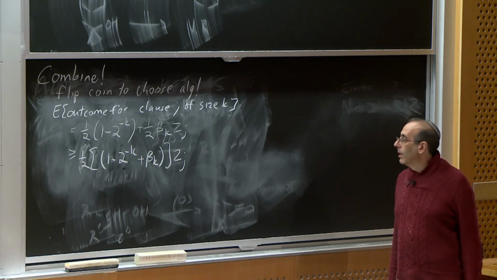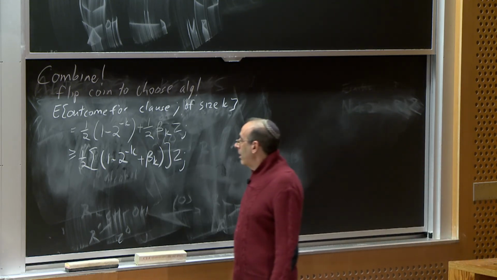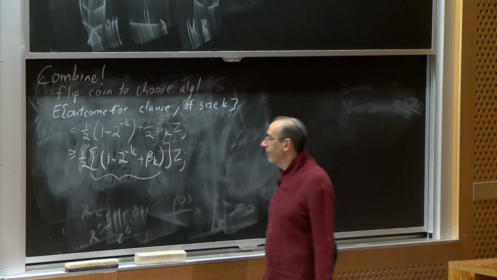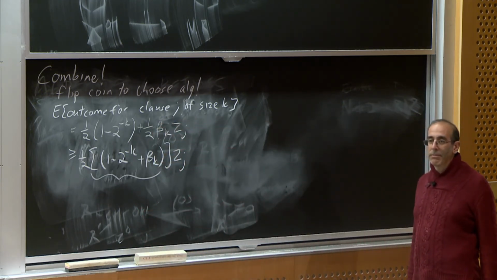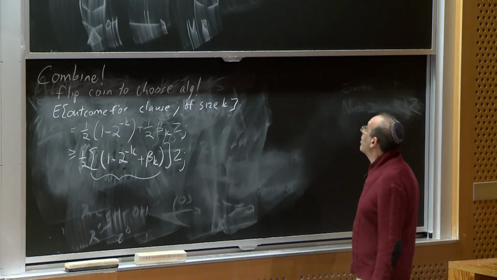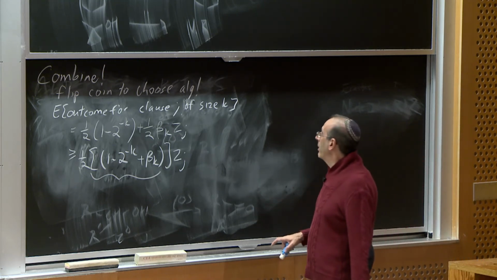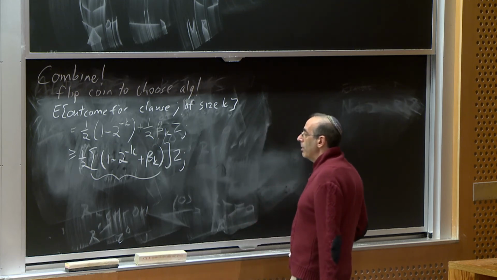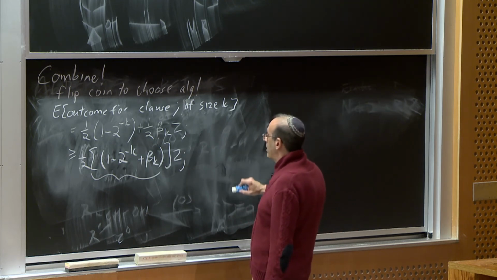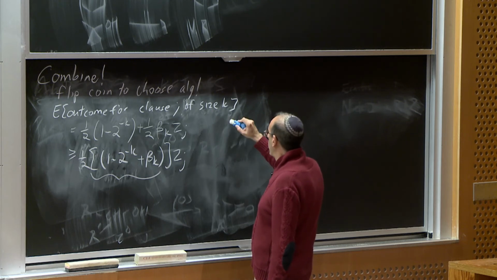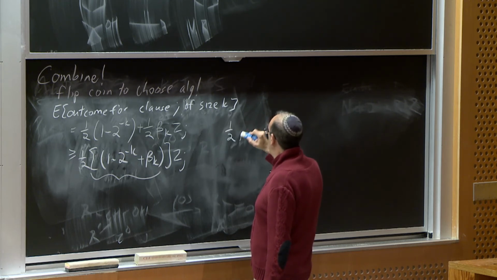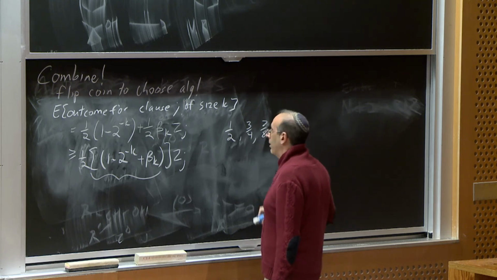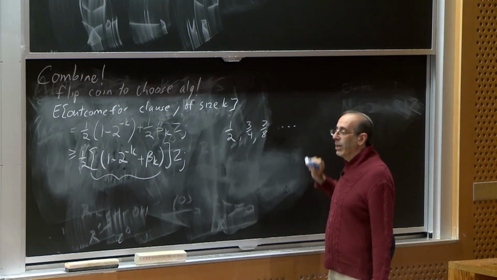So if I want to bound this, I need to bound this inner quantity. Let's think about those quantities. We have two series to worry about. One is 1 minus 2 to the minus k, which starts out at 1/2, and then becomes 3/4, and then 7/8, and gets bigger and bigger towards 1.